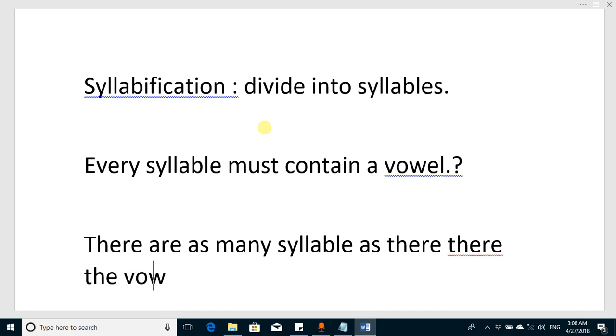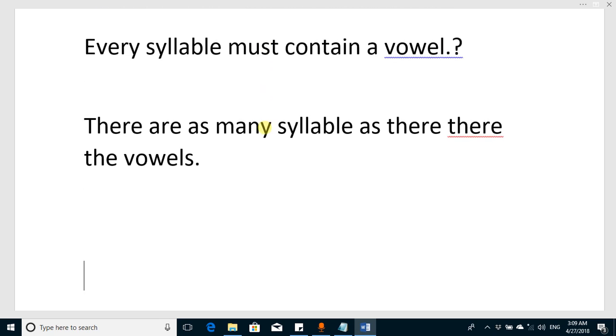So if a word contains two vowels, we can break that word into two syllables. Similarly, if a word contains three vowels, we can break that word into three syllables. Syllables have many applications in speech processing and language processing, like in speech synthesis.